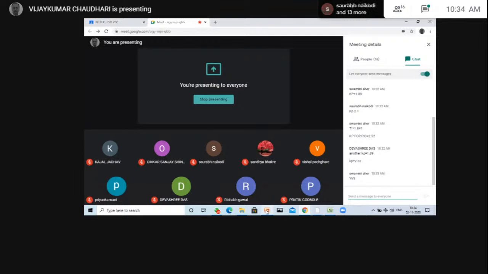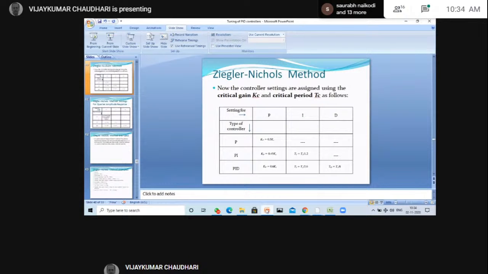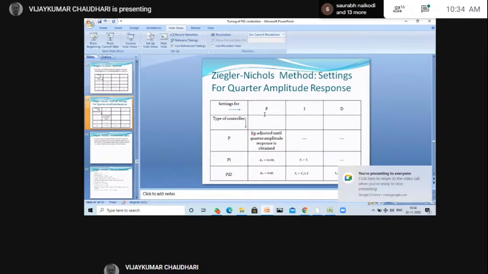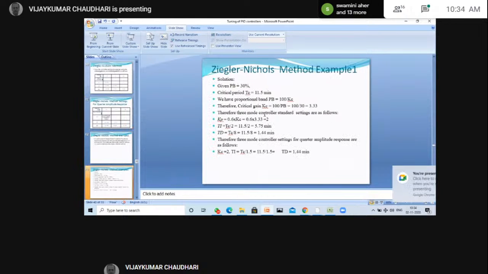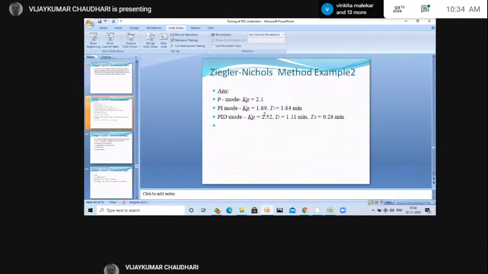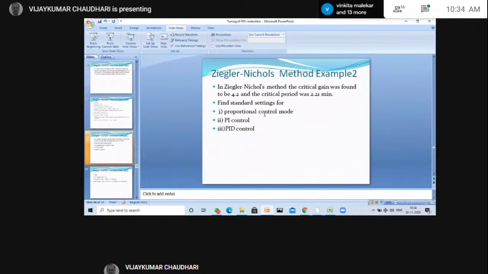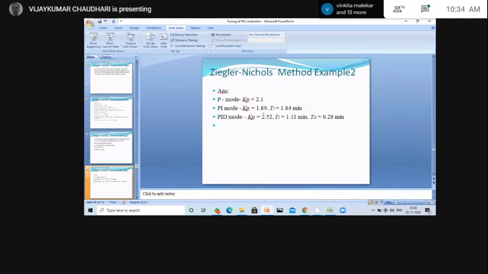Okay. So let's match the answer then. For P mode, Kp is equal to 2.1. PI mode, Kp is equal to 1.89, and I'm getting 1.84.